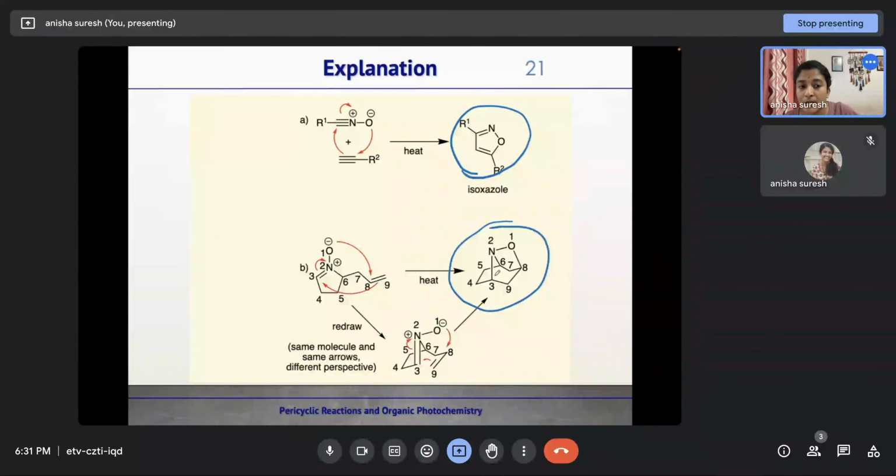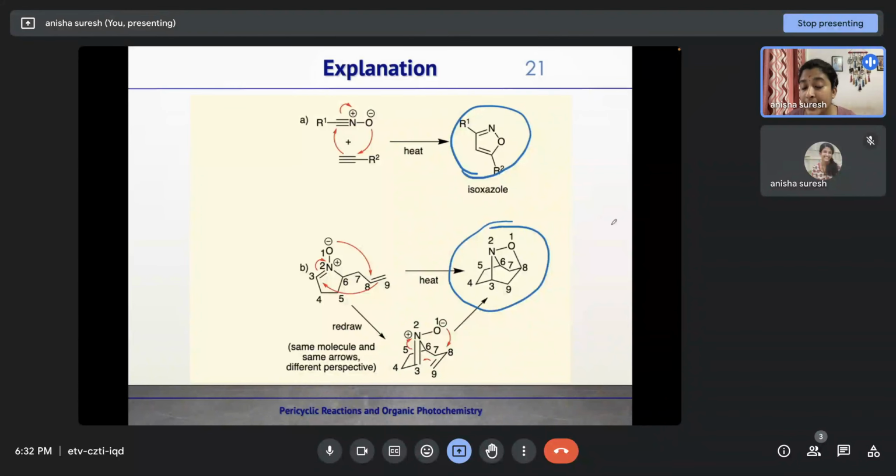ring. This is a 1,2,3, a three-membered kind of ring system. These are some examples of 1,3 dipolar cycloaddition reactions. The first example we have seen is an intermolecular 1,3 dipolar cycloaddition, where the 1,3 dipole and the dipolarophile are separate in the medium.